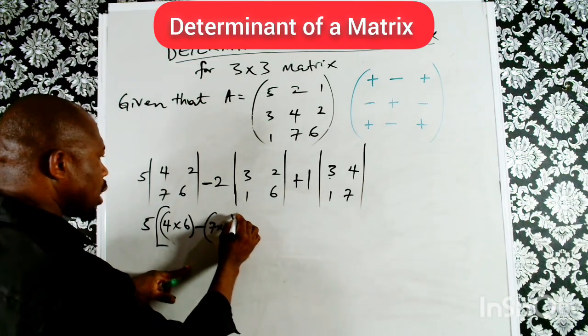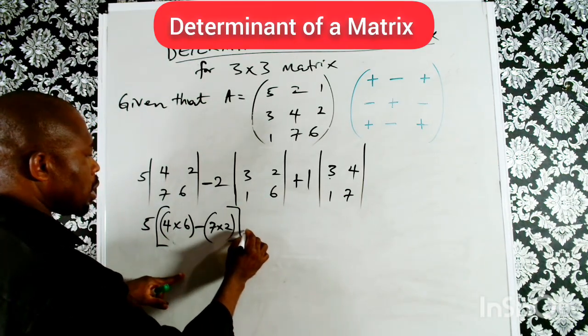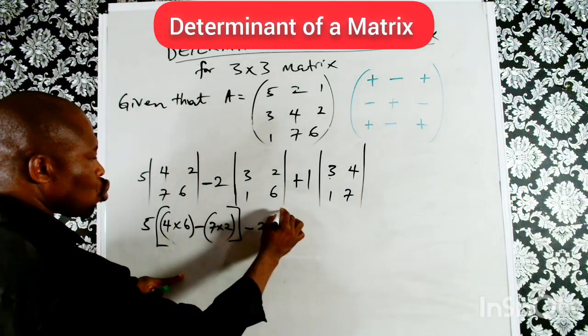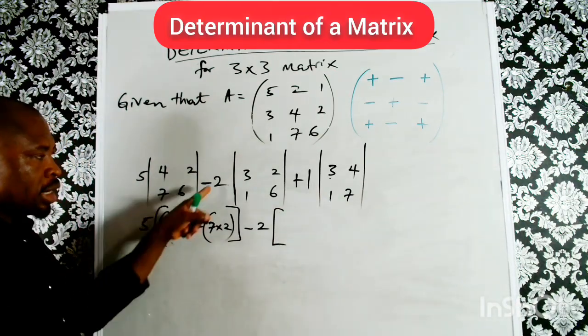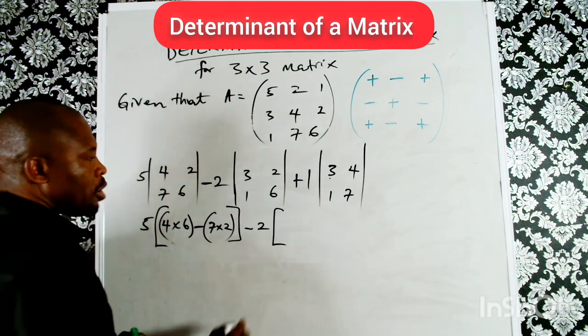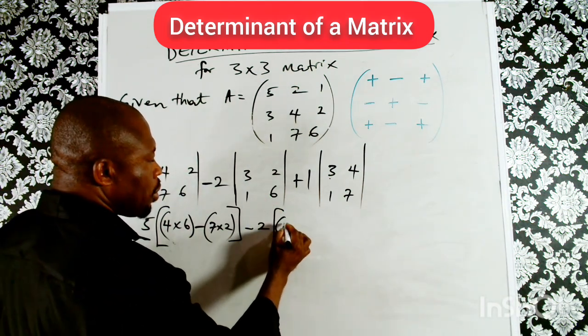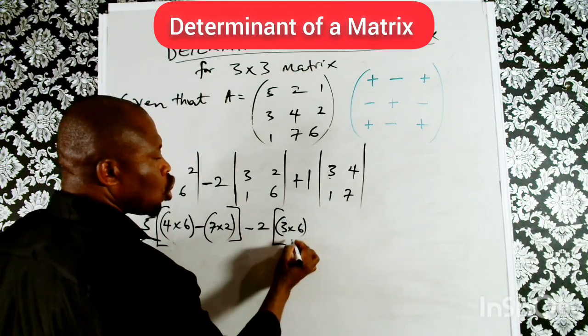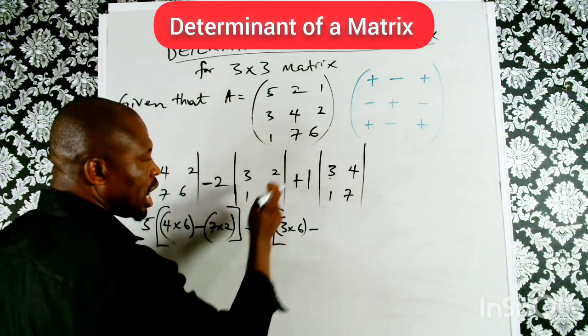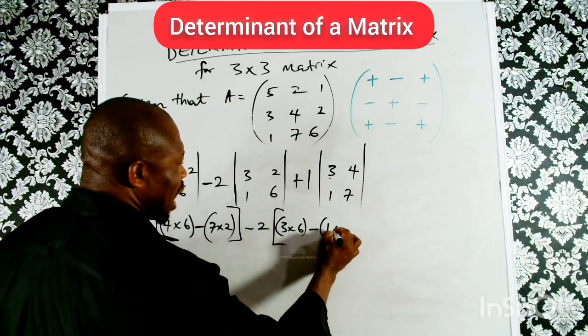Minus, you can now close this, minus 2. You open a bigger bracket. The same way, 3 times 6, open the smaller bracket, 3 times 6, close it, minus the left diagonal, 1 times 2.